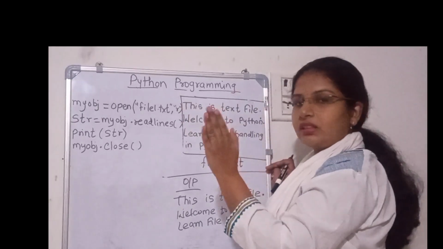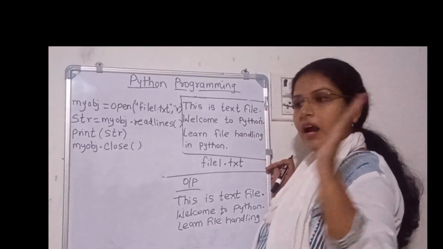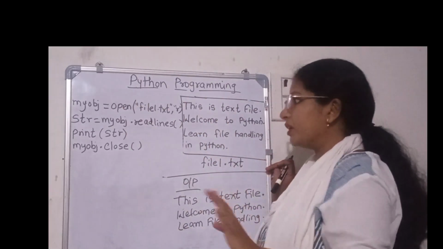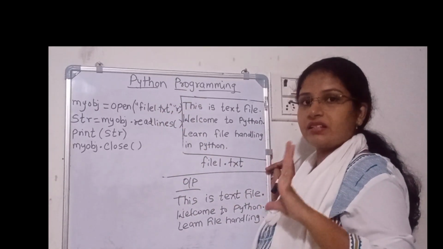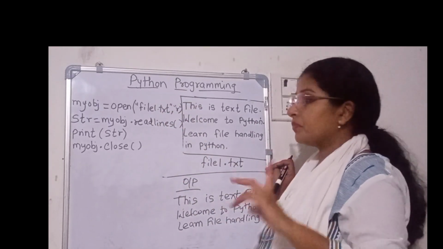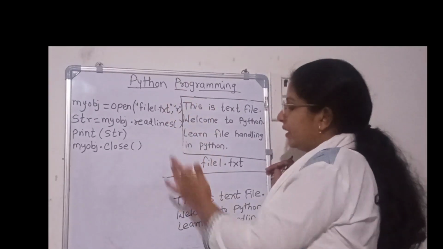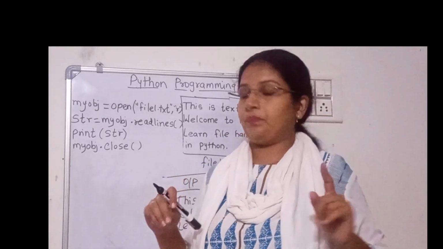If the space is there, your whole content will be considered as one string and displayed continuously in the read function. But if you want to display this content as it is written in the file, then if you call the readlines method, it will be printed as it is. That I will show you in the practical session.